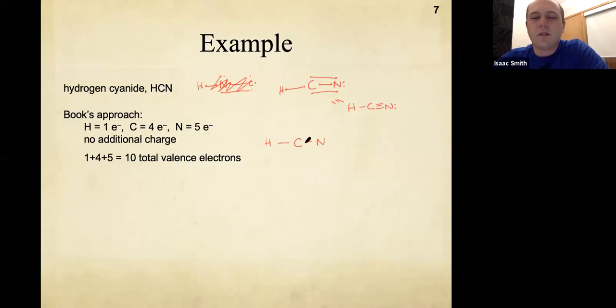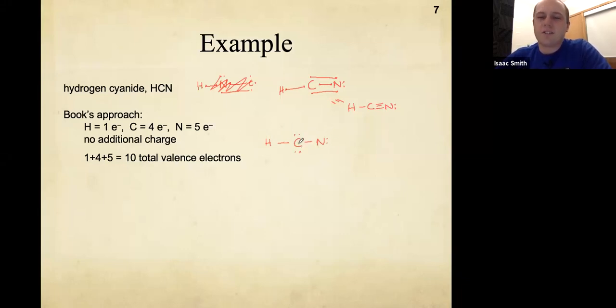So we have 1, 2, 3, 4, and then we need to start adding in more electrons in order to complete the Lewis structure. So we could add some on carbon if we want. Hydrogen can't take any more, right? So let's say we start adding more. So we have 1, 2, 3, 4, 5, 6, 7, 8, 9, 10. Well, you can see there's an issue here, because carbon has a full octet.